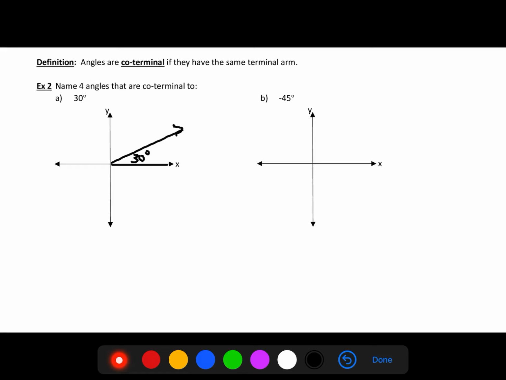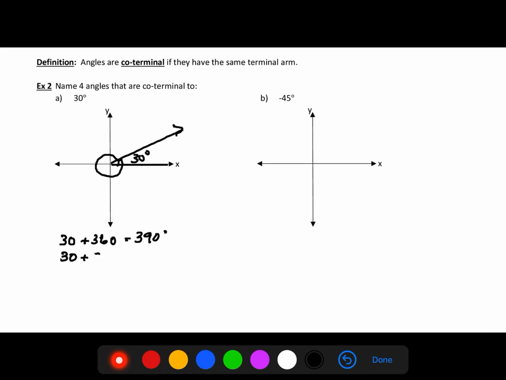Well, if it's coterminal, that means that we could go one more full rotation back to the same spot. So we can find a coterminal angle by simply adding one full rotation. So an angle of 390 degrees is in the same position as the 30-degree angle.